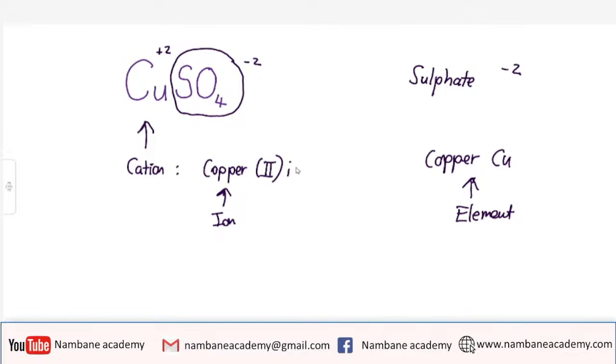You can even be more fancy and write a copper 2 ion. And this here is your sulfate. So what is the name of this compound? It is copper 2 sulfate.